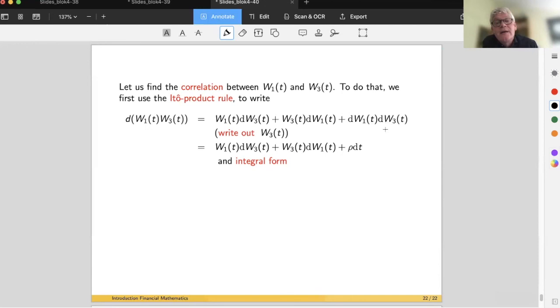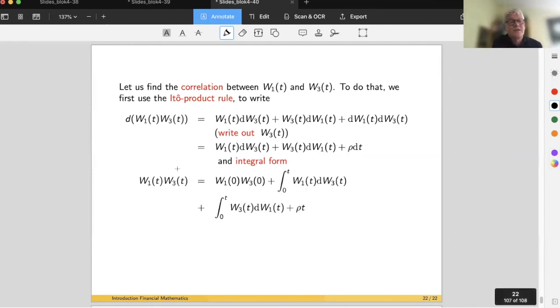And then here, this is a term with W1 and a term with W2. W1 and W2 are independent Brownian motions, so only the W1 term remains. So what we end up with here is rho dt.